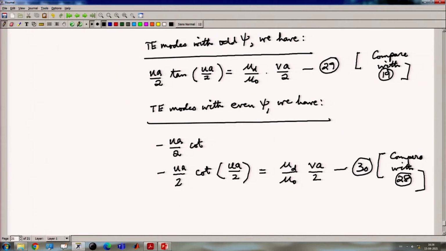So, the fields are obtained from the psi's by equations which are dual to equation 4.